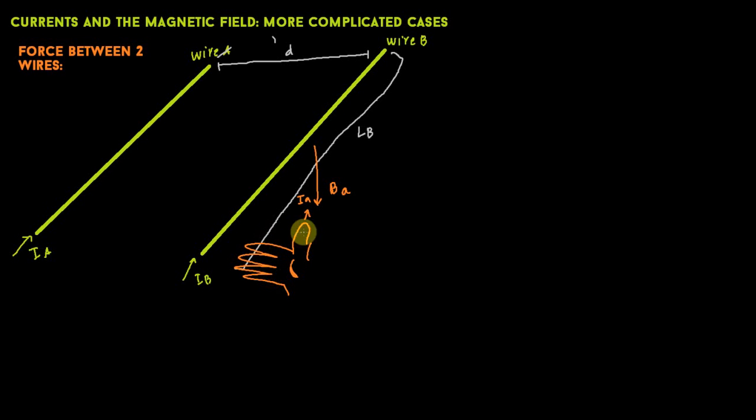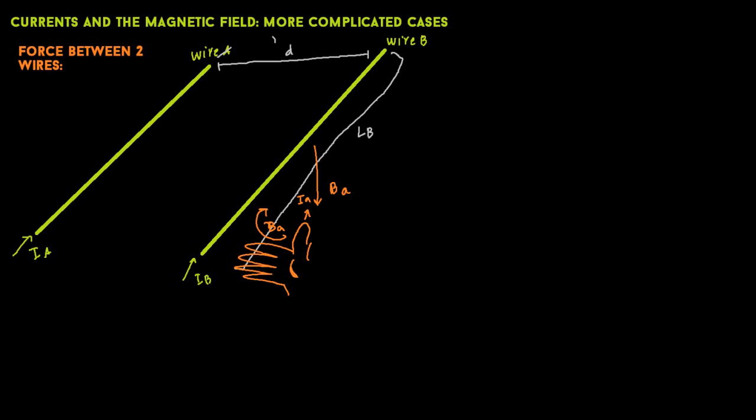So it's curling around, down, and back up again like this. So this is BA. That's why when you're down here, my fingers are starting to curl down, and then they're going to come back up. Even though this picture is not great, try curling your hands, and you'll see that at wire B, the magnetic field due to A is indeed pointing down.